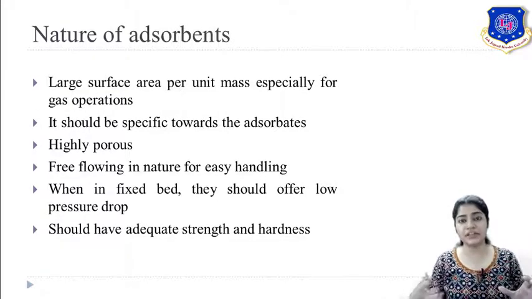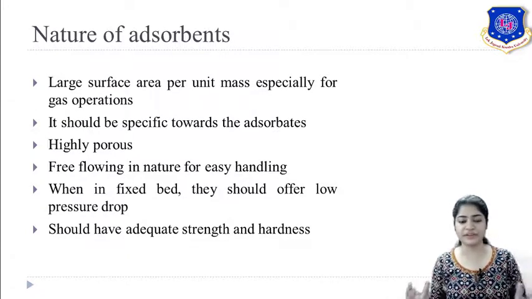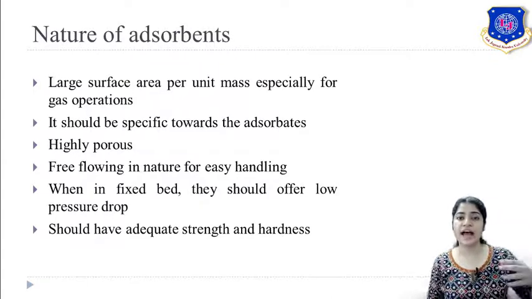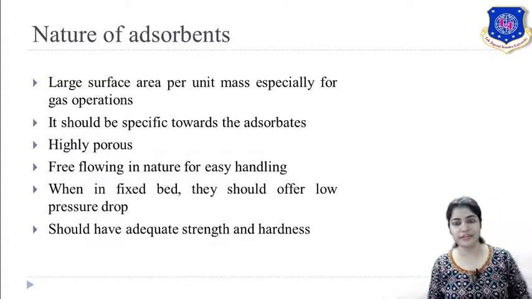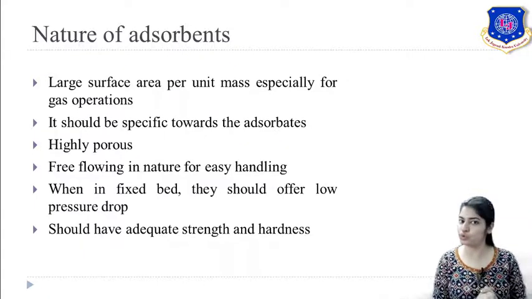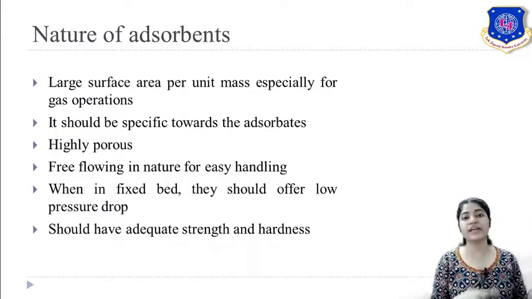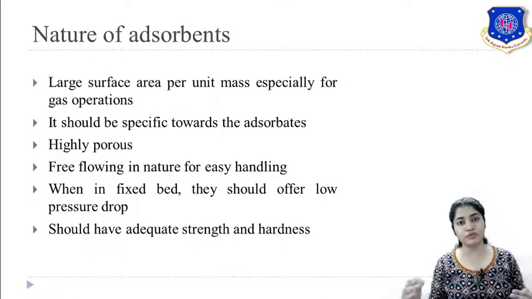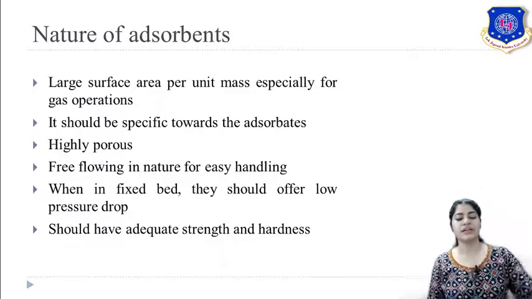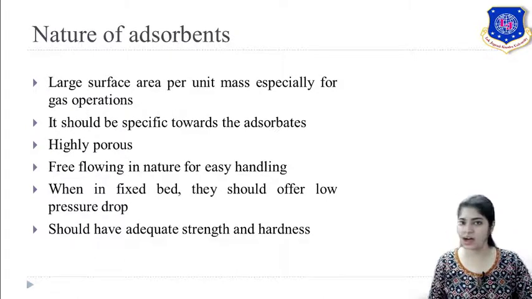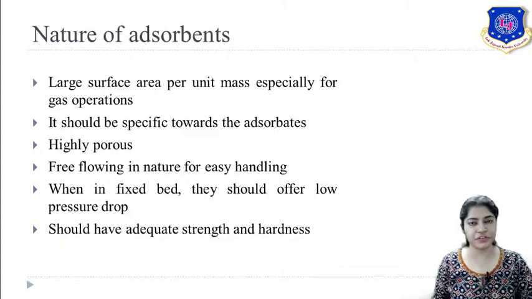If it is giving very low pressure drop, then it is viable. If it is giving very high pressure drop, it means your gas is accumulating at the bottom, right? So it should offer low pressure drop. Then and only then will your gas be able to move from bottom to top easily. It should have adequate strength and hardness. So these are certain natures of your adsorbents.